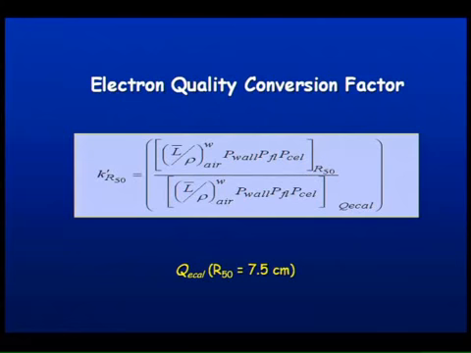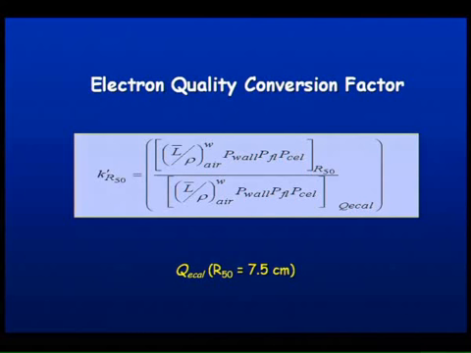So for a well-guarded chamber, this KR50 prime essentially becomes a ratio of water to air stopping power ratios at the beam quality of interest and at QE cal. For all well-guarded chambers, you get the same curve, the same value as a function of beam quality.